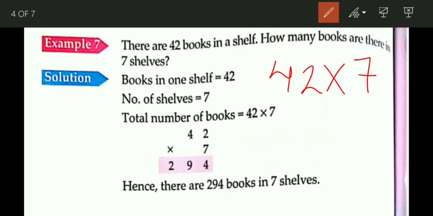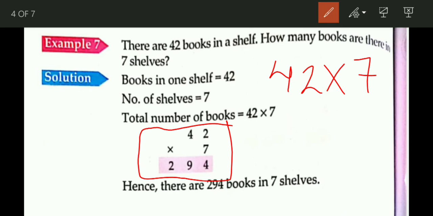So here, all right, the total number of books is here. You have to multiply 42 with 7 and you will get 294. All right. So after you finish multiplying, you will get the answer 294. Okay. So the easiest way for you to do it is to write 42 into 7.